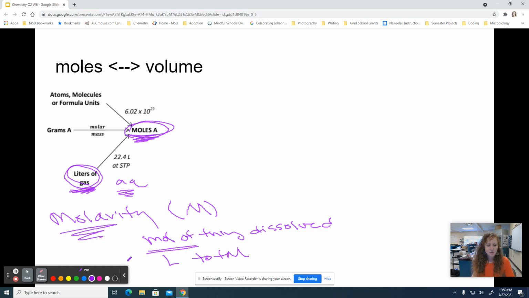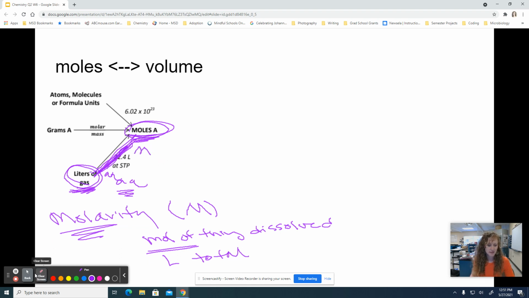Now let's take a closer look at molarity before we talk about how to use it. So you can actually add a line here between volume and moles. I guess it would, it's liters of something that's aqueous, and that line would be represented by molarity.